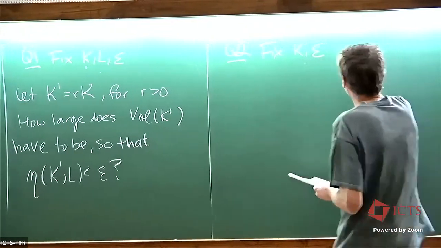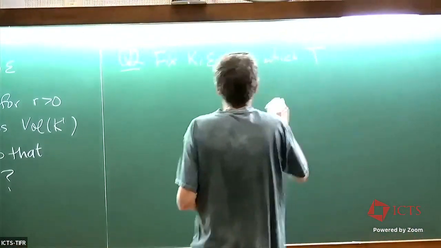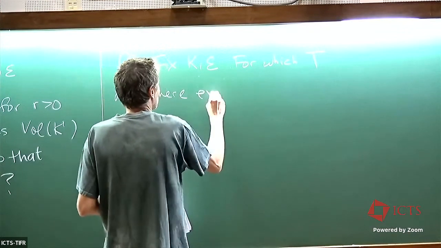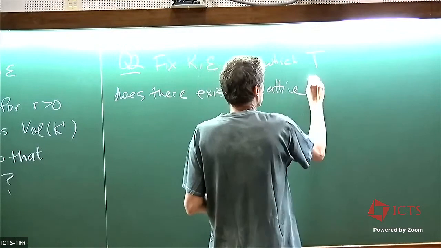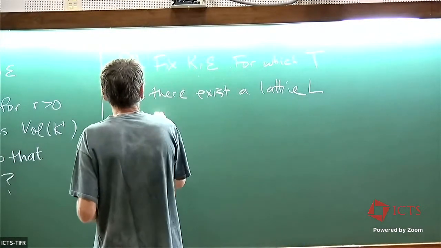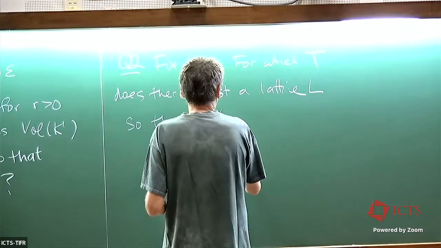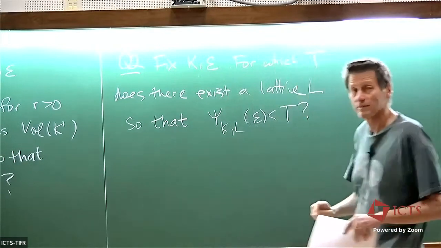So the question is, for which T does there exist a lattice L so that psi k of epsilon is less than T.